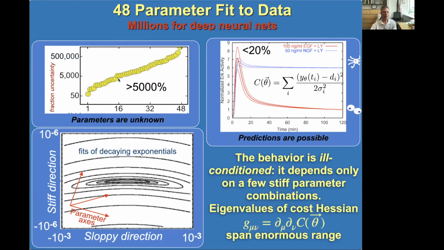That is to say, if I take the chi-squared, the deviations between the experiment and the model, and I plot contour plots, the stiffest direction, the direction where the behavior changes fastest, which is some linear combination of multiplicative factors on all the parameters, has much more closely spaced contours than the sloppy directions.